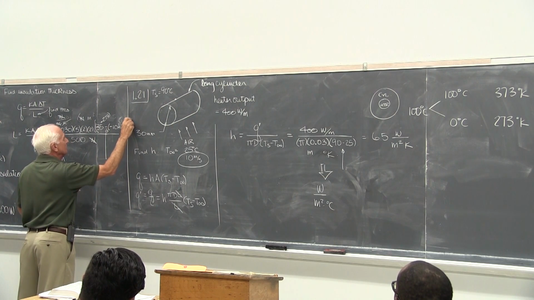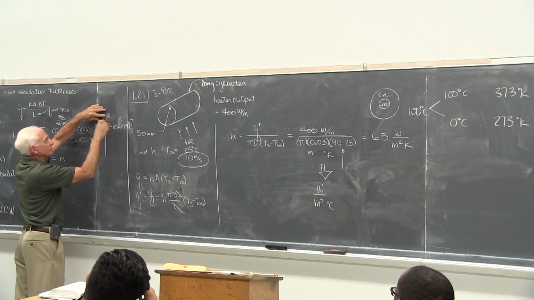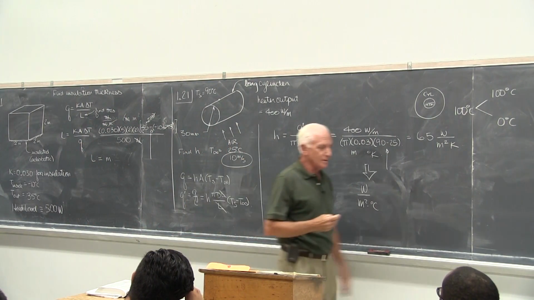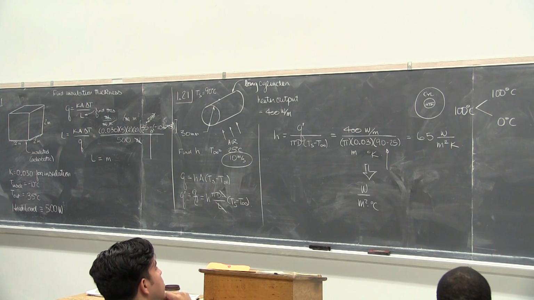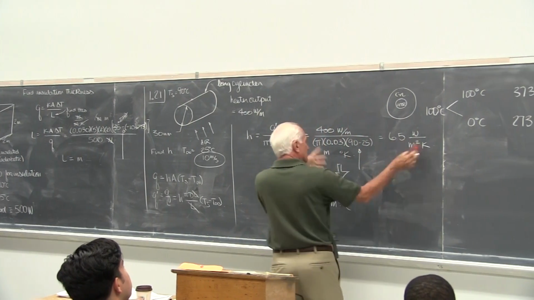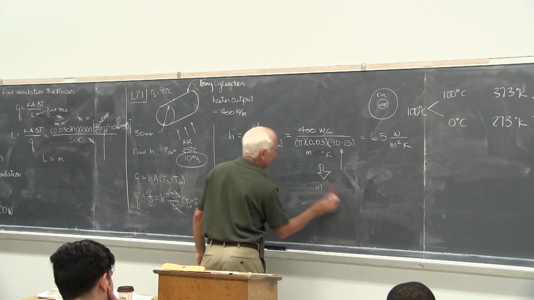Let's see what happens here. Plus 273 minus 273. Gone. It makes no difference. So don't get confused about that, okay? As long as there's a difference, you can use either degree C or degree K. So that's why the answer is in degree K, even though this was in degree C.